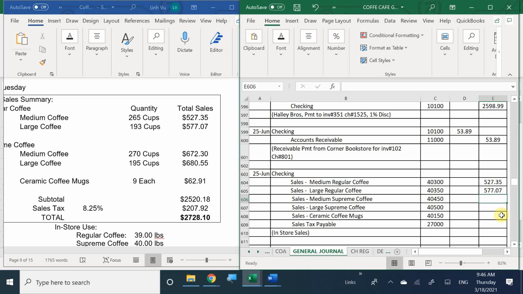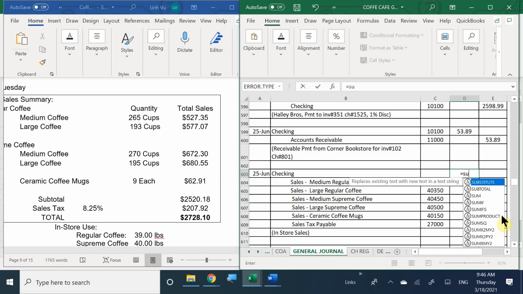My medium supreme coffee, 672.30. And then my large supreme coffee, 680.55. And what was my coffee mugs? 62.91. And my sales tax? 207.82. So here, my checking account is equal sum.